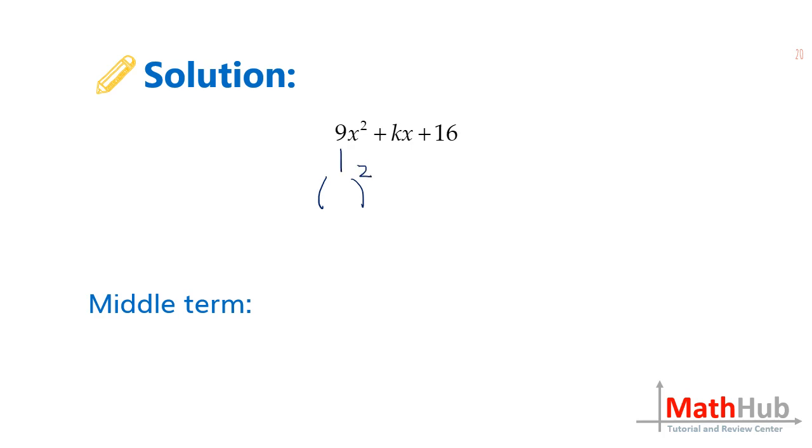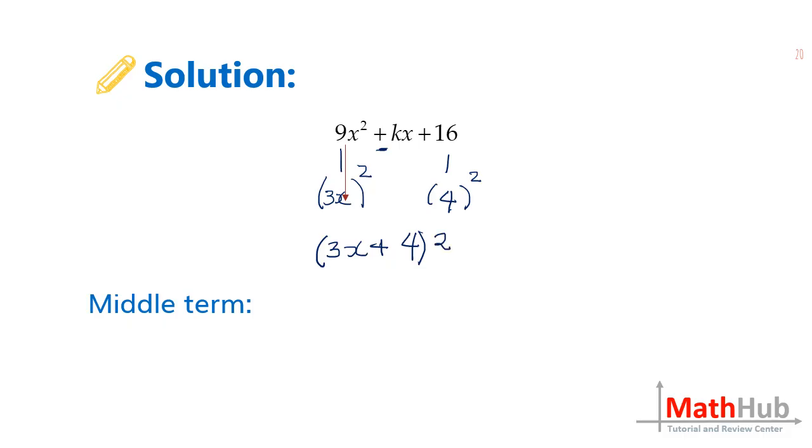So 9x squared is the square of 3x, and 16 is the square of 4. For this to be a PST, it should be 3x and a 4 here. And this is plus, so this is also plus.